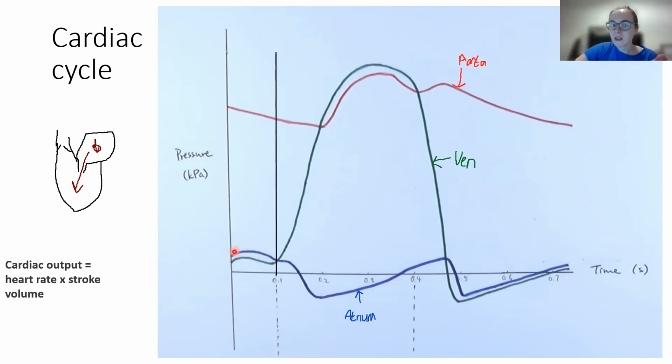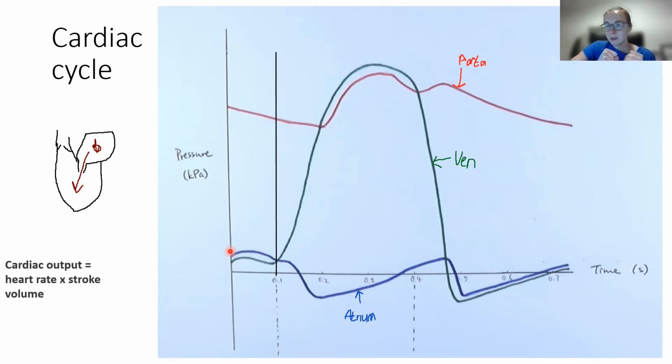So at this point, atrial systole, blood is moving from the atria to the ventricle. It's moving through the AV valve, or we could also call it the bicuspid valve, because this is the left side of the heart, from high to low pressure.